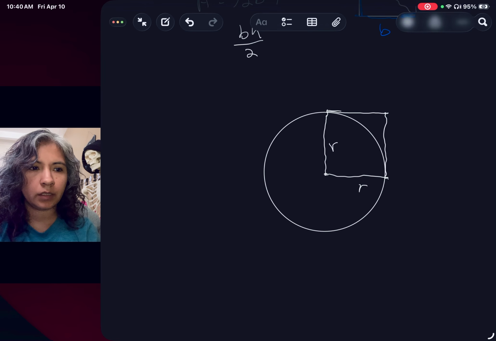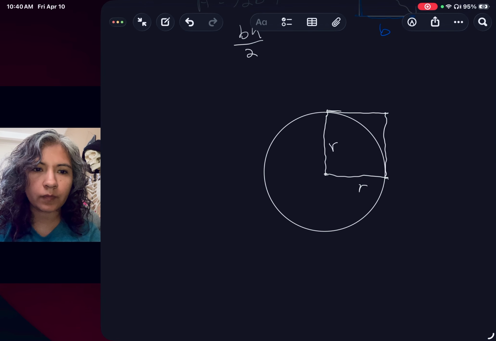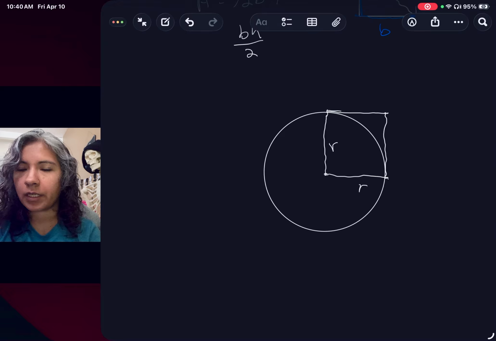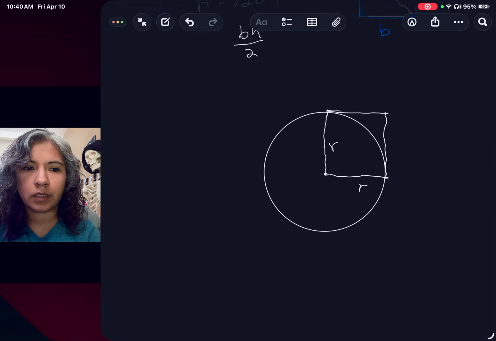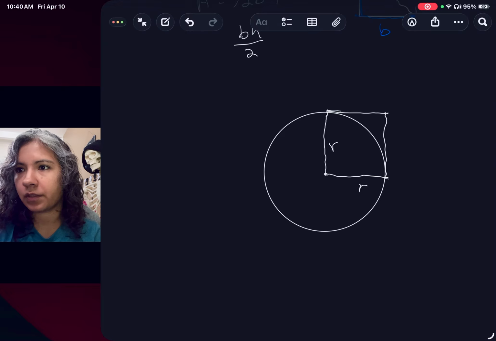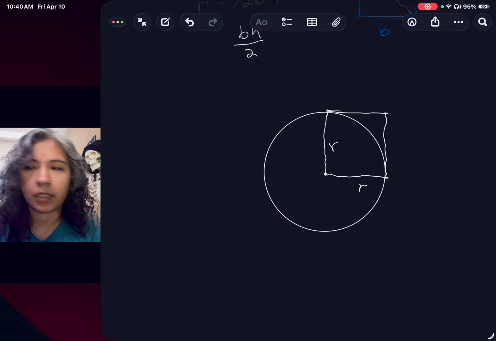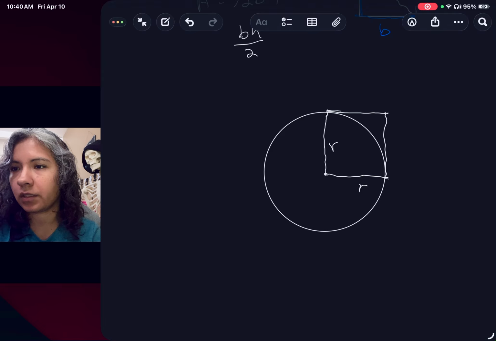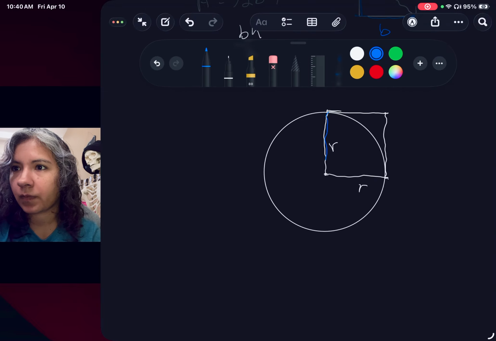They're the same. So we multiply the radius by the radius, and that actually gives us the area of the square, right? Width times length, which is this times this, which gives us radius squared.